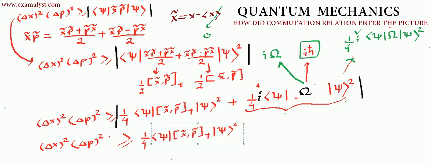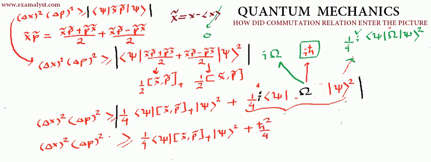This part will remain as it is, and on the second part we can have ħ squared divided by 4. Because in this case we have an i, we have a 4, and then we have ħ squared.